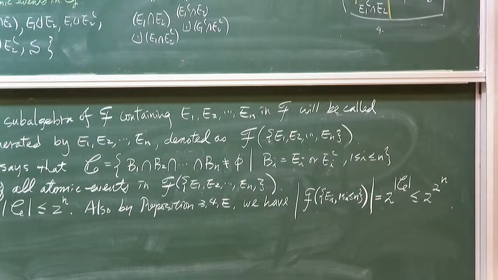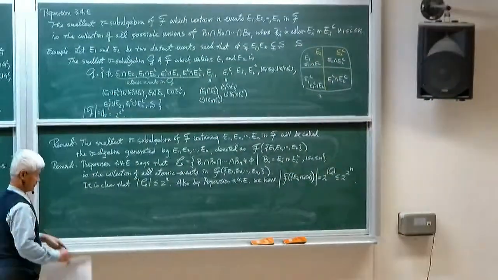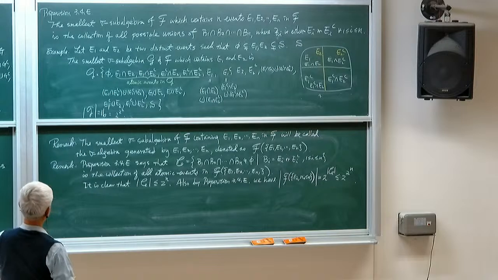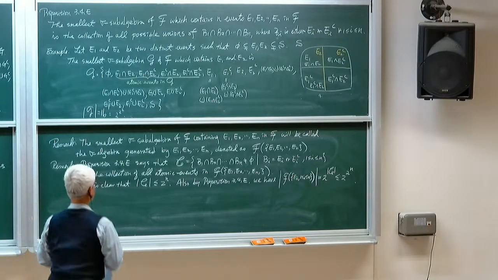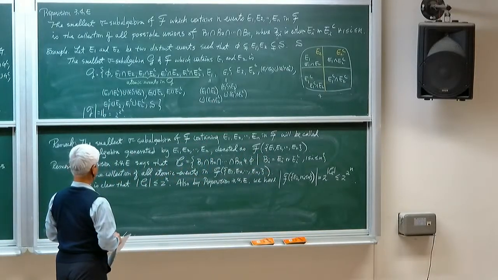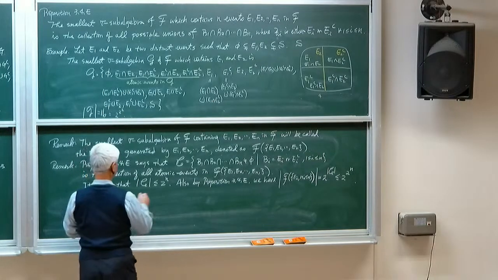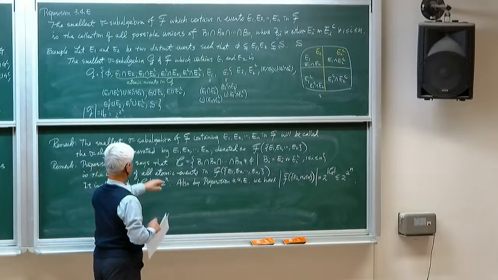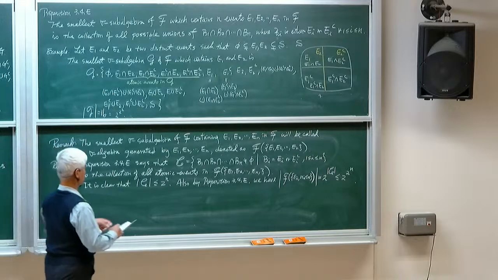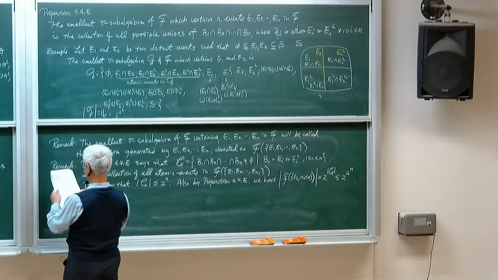So you can see, before we prove the proposition 3.4.E, the important thing is to show that this collection gives us all atomic events in the generated subalgebra.